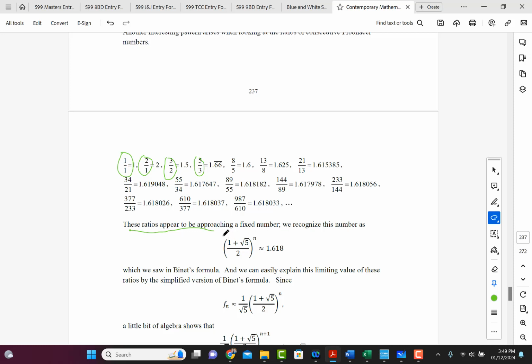The other term in our Binet formula is approaching 1.618, which we saw in Binet's formula. And we can easily explain this limiting value of these ratios by the simplified version of Binet's formula.